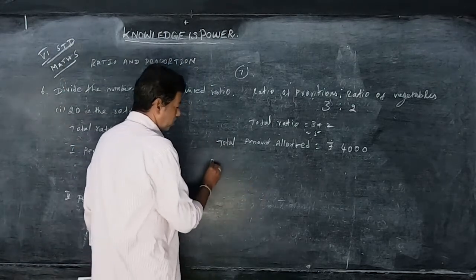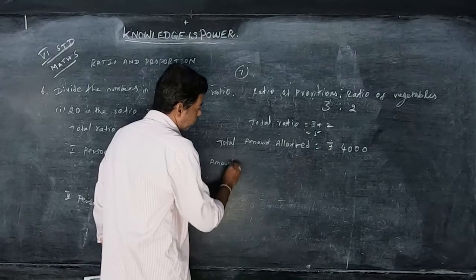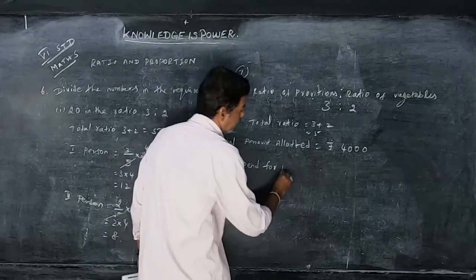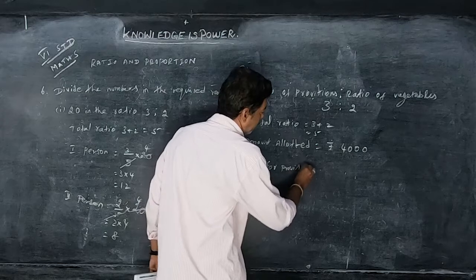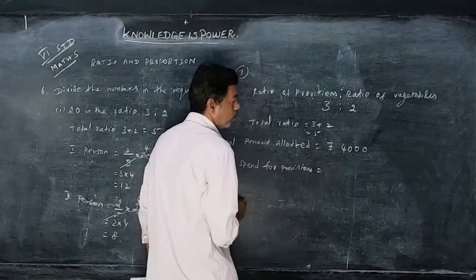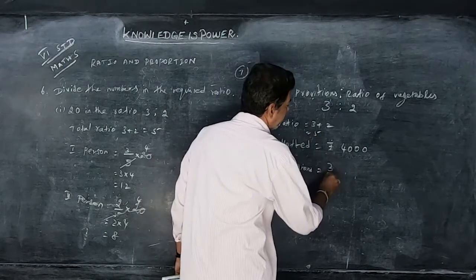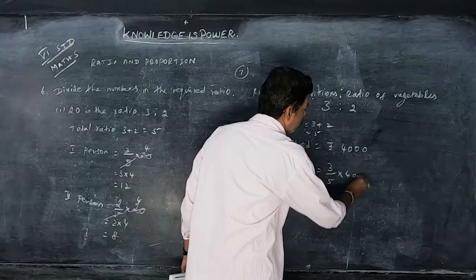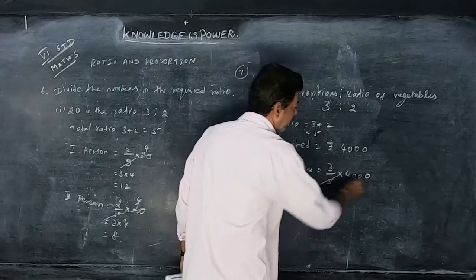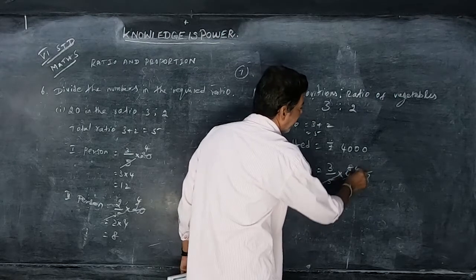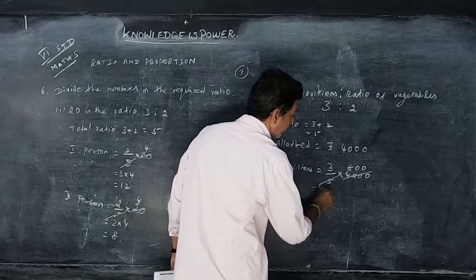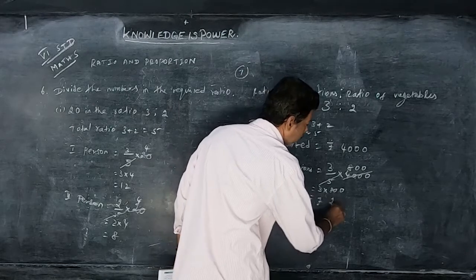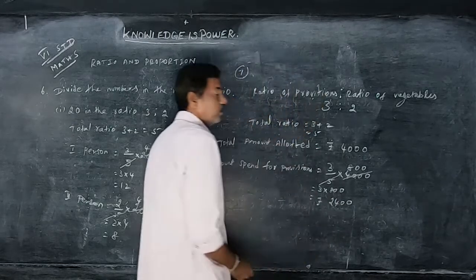Amount spent for provisions equals 3/5, the total ratio, into 4000. 5 will go here 8 times: 800. 3 into 800 gives rupees 2400.